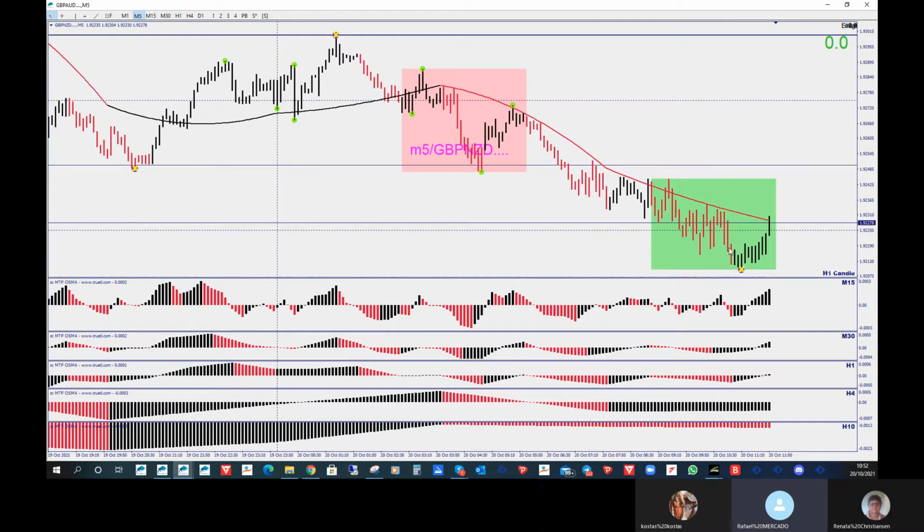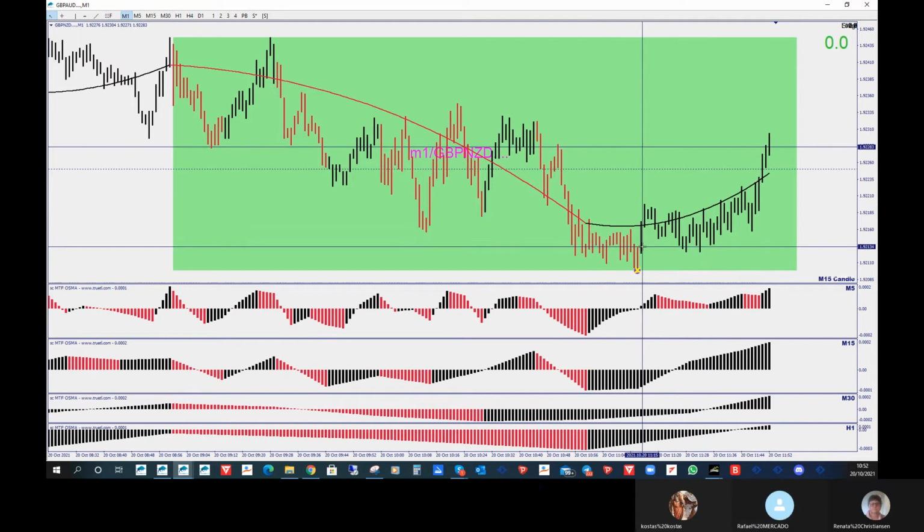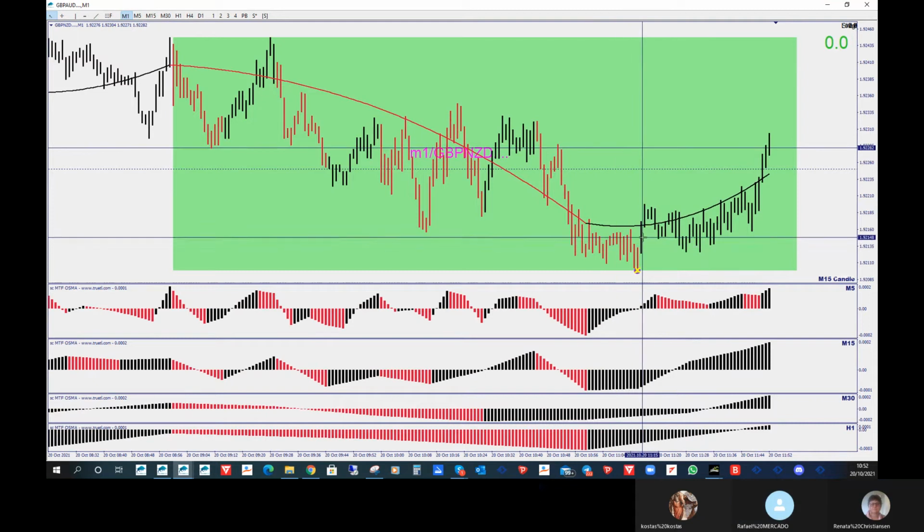The actual pound New Zealand, the 1 hour scan came in first. The 1 hour, 30 minute, and 15 minute came in about 15 minutes ago.